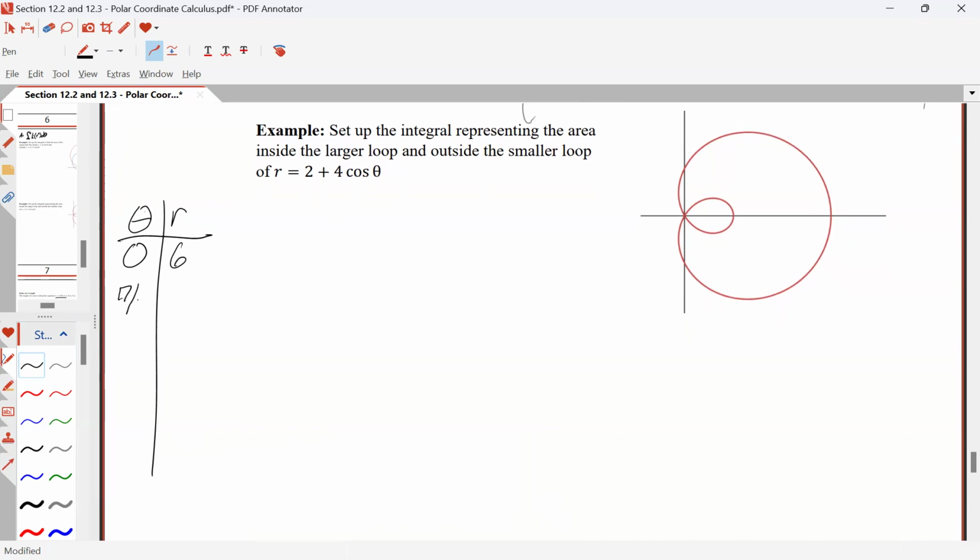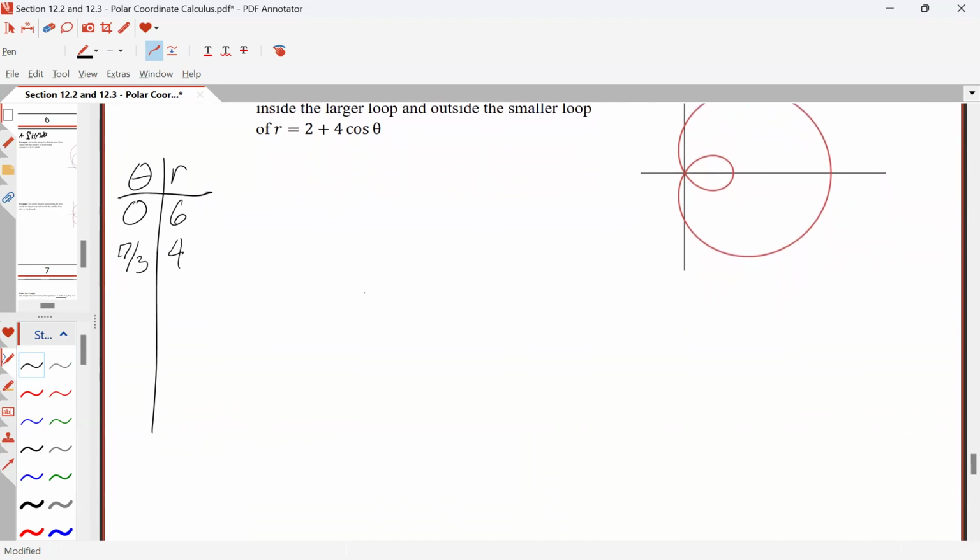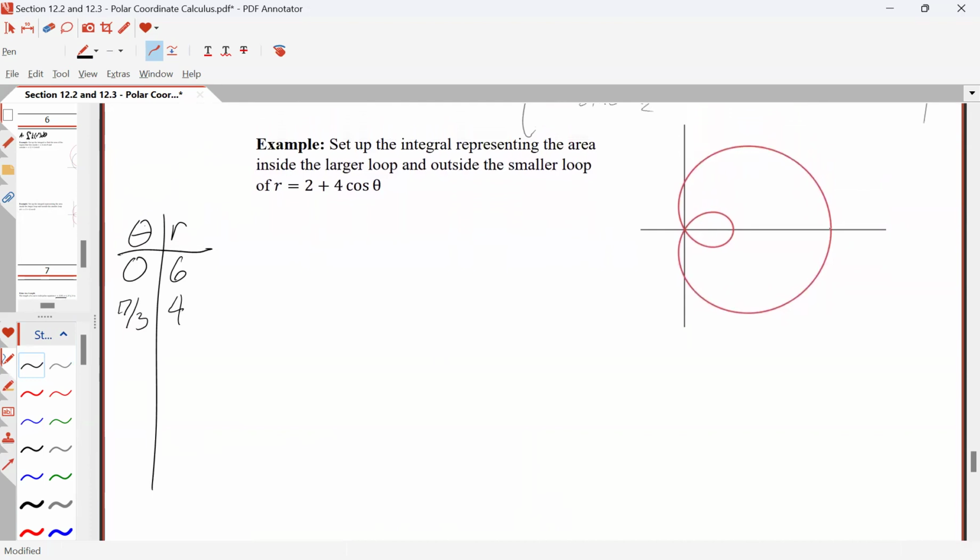When theta is pi over 3, we get 2 plus 2, being 4. So the points we'd have so far are the point 6 comma 0, and at pi over 3, the point 4 comma pi over 3.